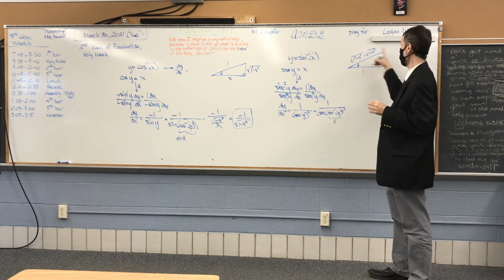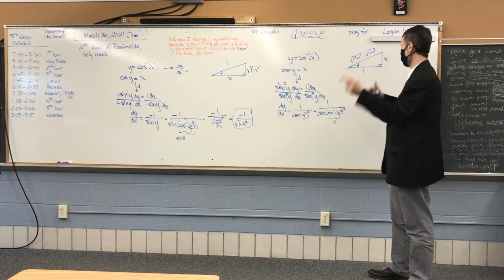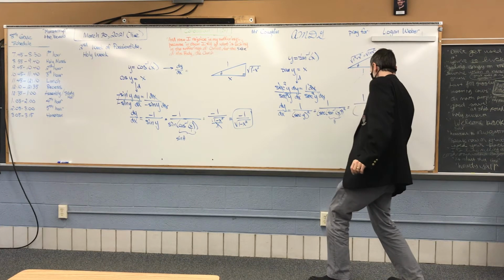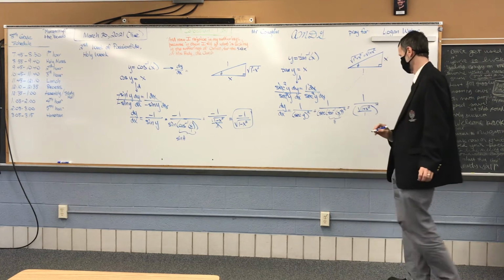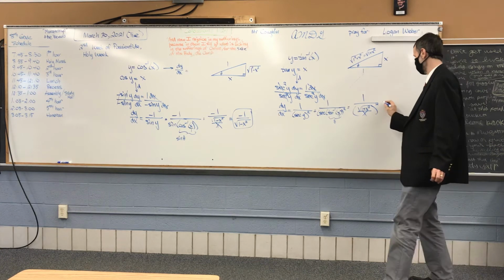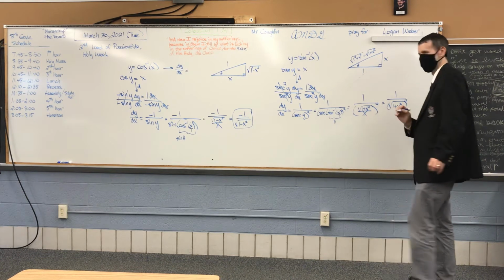It's 1 over this radical, so the secant is just the radical over 1, and over 1 doesn't do anything. So we're looking at 1 over radical 1 plus x squared, parentheses, squared.